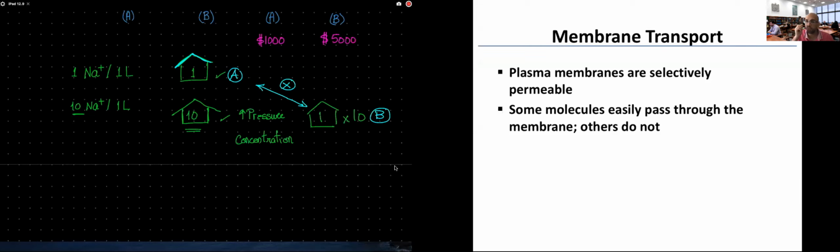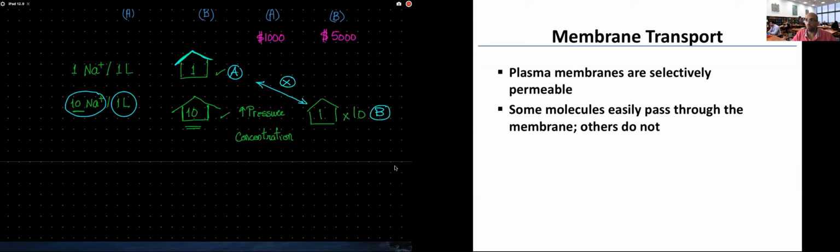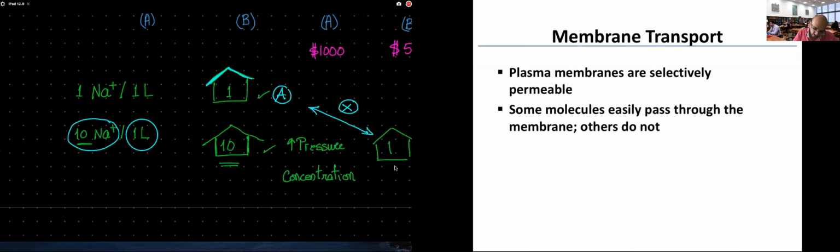So pressure is determined by what? Not the amount, not the number of people, but the number of people in terms of the number of houses. In our example here, it's going to be the number of sodium moles per water. So the concentration and the pressure are going to be determined according to not the amount, but what again?